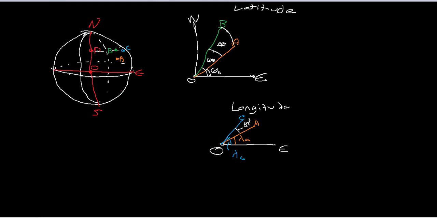One other thing I want to draw your attention to is this point P. What I want to do here is actually draw out what we're talking about. This is going to be point P right here.